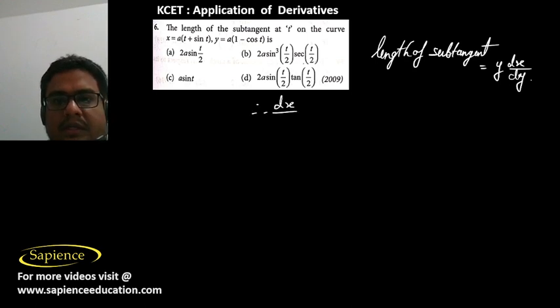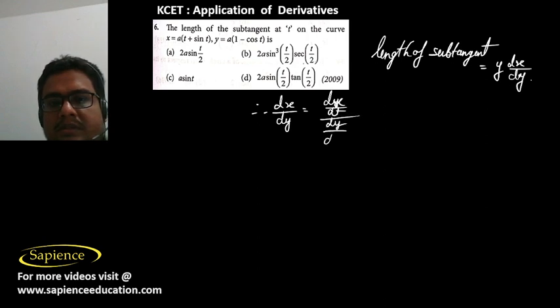Therefore, dx by dy will be equal to dx by dt divided by dy by dt.